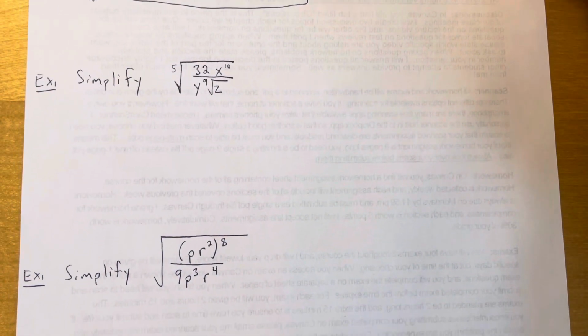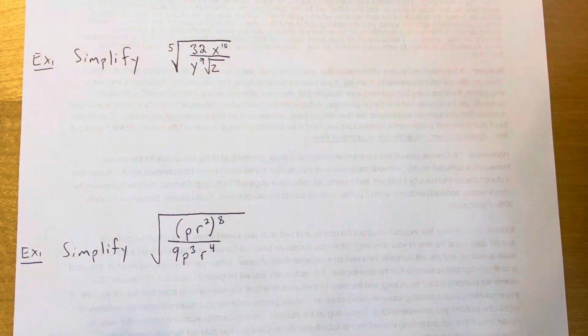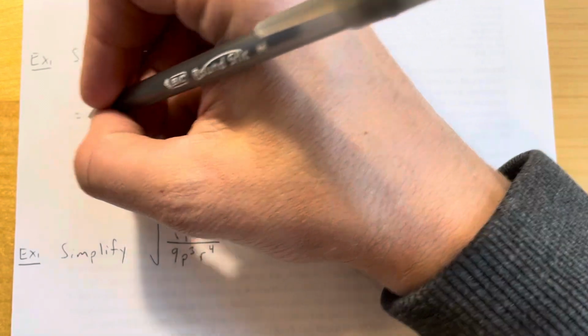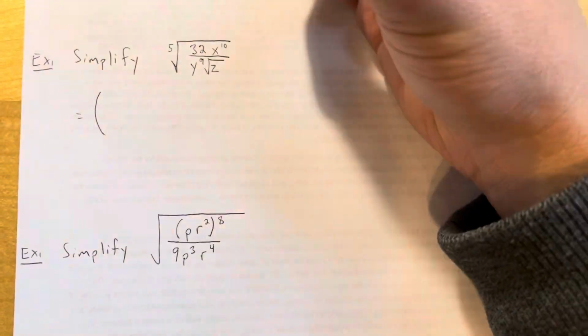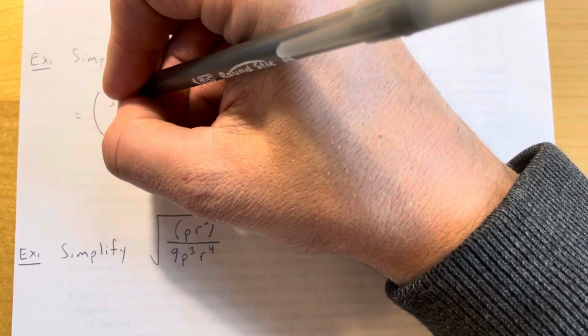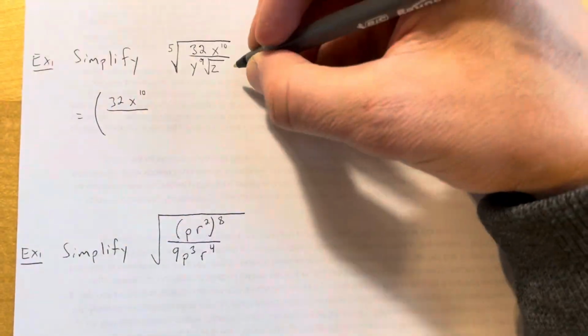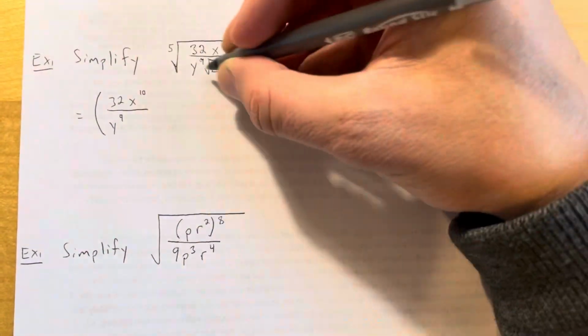So the last 2 problems involve radicals. Now we did talk about some radical properties, but for the work that I want to do here, I actually want to just convert all radicals into rational exponents. It's going to be the easiest way to handle these. So what I'm going to say is rewrite this as 32 x to the 10th over, that's a y to the 9th right there.